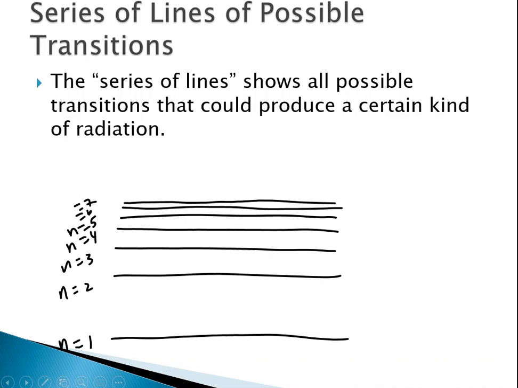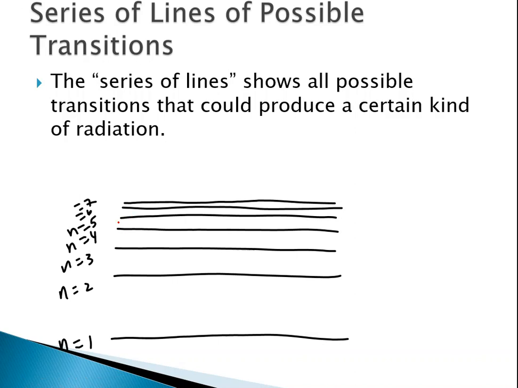All right, so I know that if an electron goes from an excited state all the way to n equals 1, then that will release ultraviolet radiation. So the series of lines in the energy level diagram will essentially show us all the possible transitions that could produce ultraviolet.